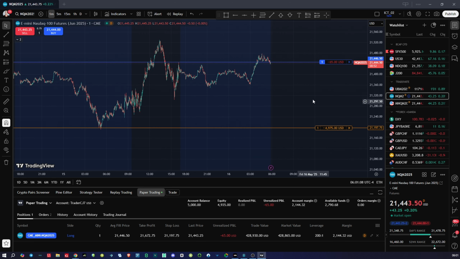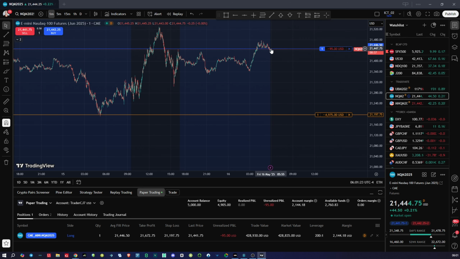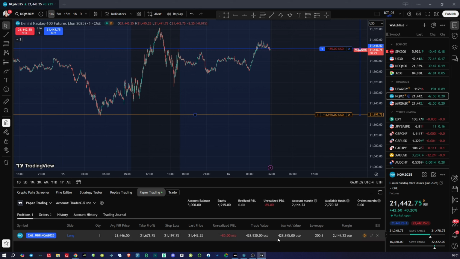If there was no leverage involved, we could have held this position. That's where investing is not leveraged. If you buy outright, putting down the full amount, I'm just going to check the trade value at the bottom here.